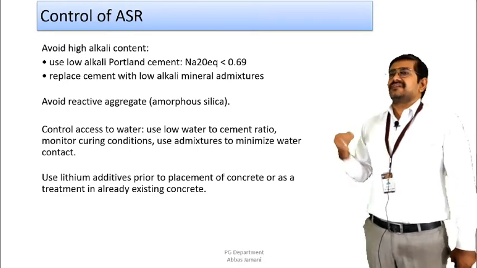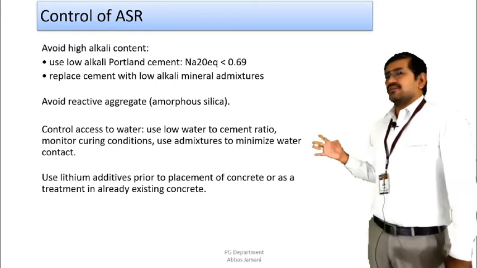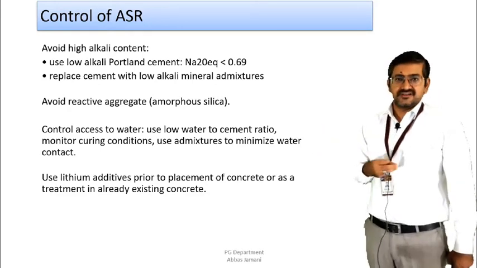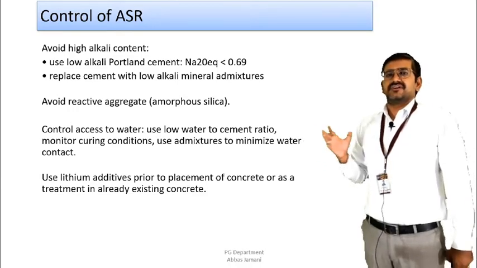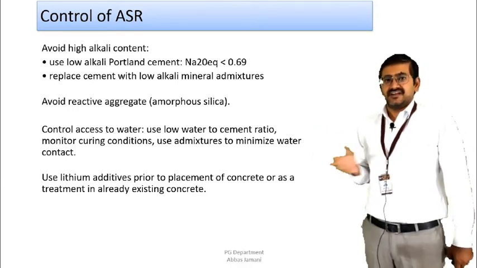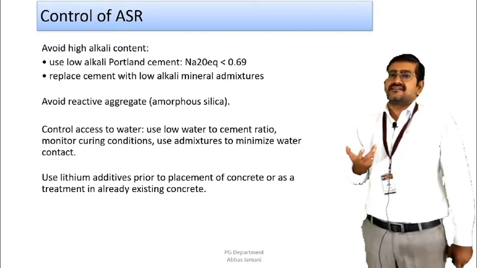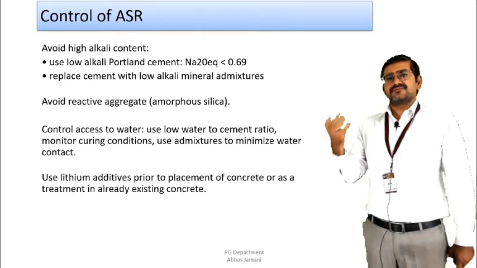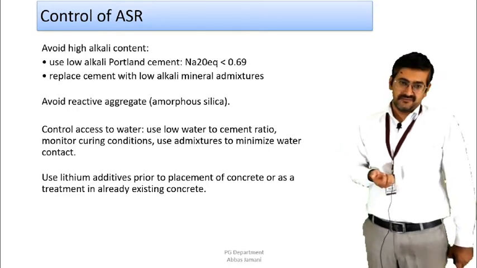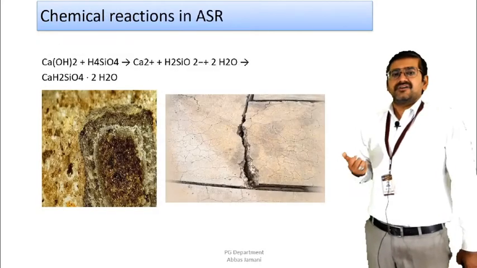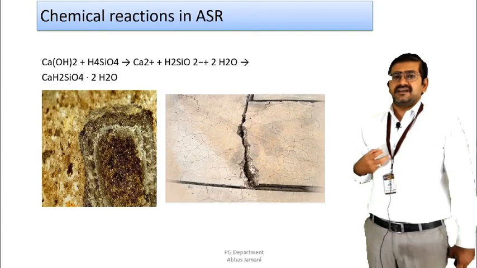Along with that, if we have control over the excess of water, that is, a low water cement ratio, permeability is maintained, and the curing condition is taken into consideration depending upon the surrounding atmospheric condition, with suitable measures taken for curing, then the transfer of moisture movement is controlled, and the alkali silica reaction can be averted, right? So these are the different ways through which you can control the alkali aggregate reaction.